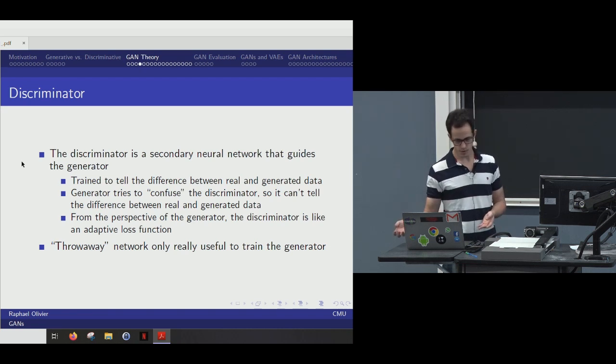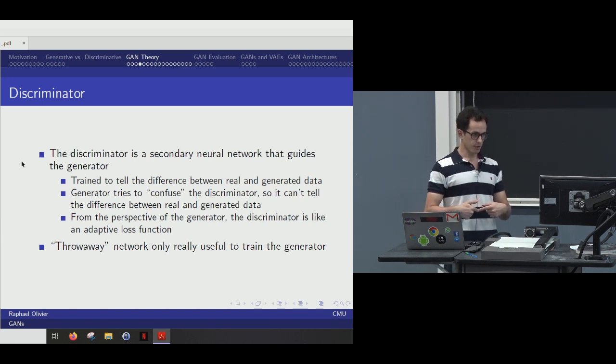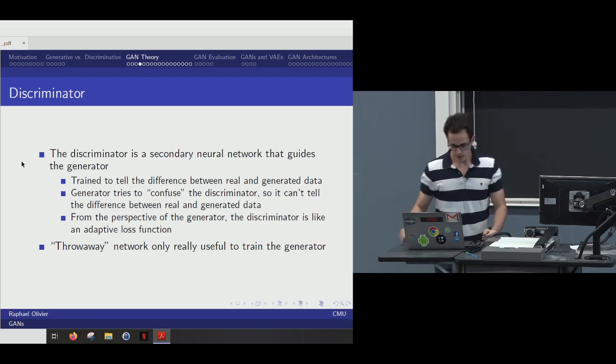And the discriminator's job is to recognize the two and classify the fake images as fake and the real images as real. So that's why they're conflicting. You see that they're trying to do the exact opposite to each other. The generator is trying to generate something that's fake, and the discriminator is trying to say, no, it's fake.